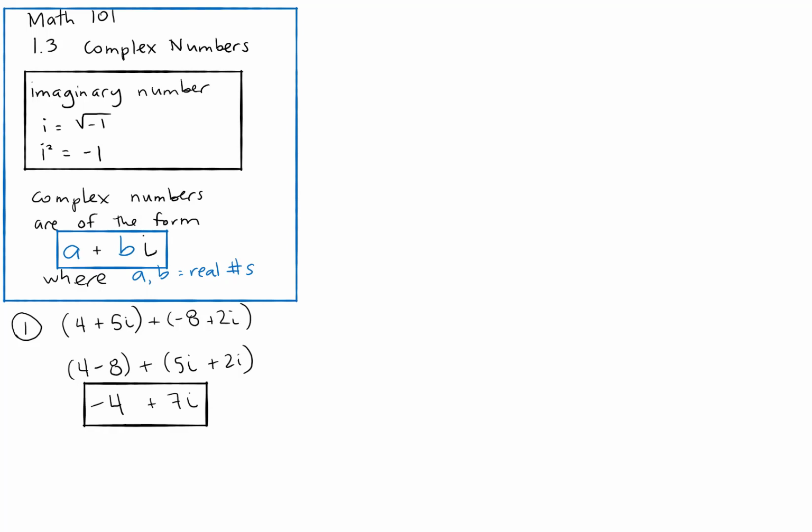Alright. The same thing goes for subtraction. But you have to make sure that you take the opposite of the second number, everything in the parentheses. It almost looks like adding or subtracting a binomial. And in many ways it's the same, because you're going to treat each component separately.